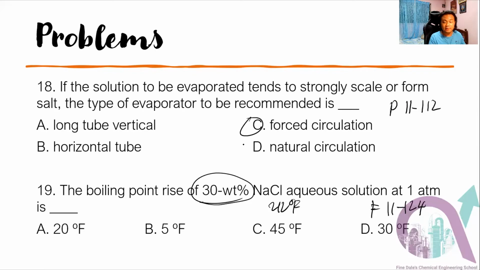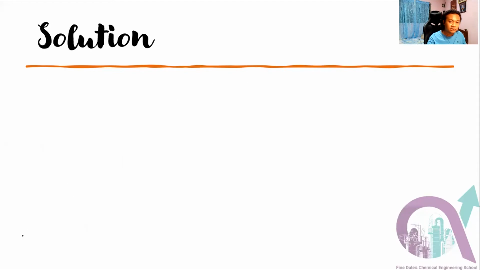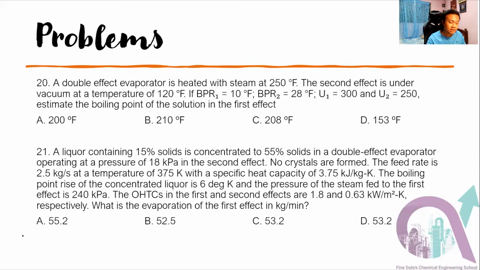Start there and project it to the left, then project it to where 30% weight is. So you can get number 19 as letter A. I got 18, but it's close to 20.